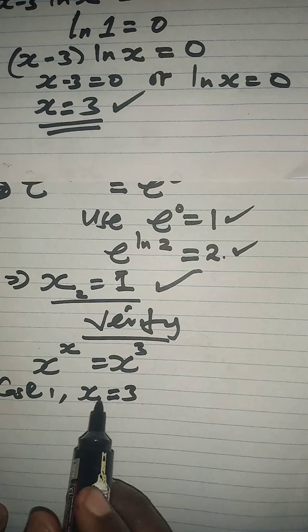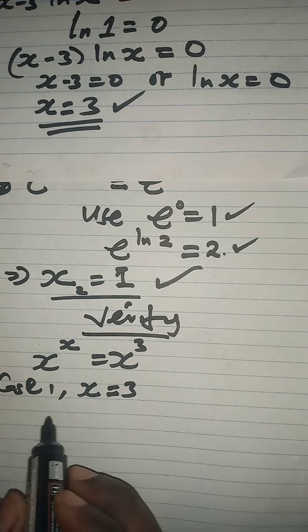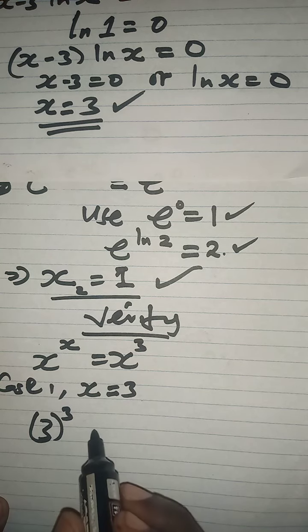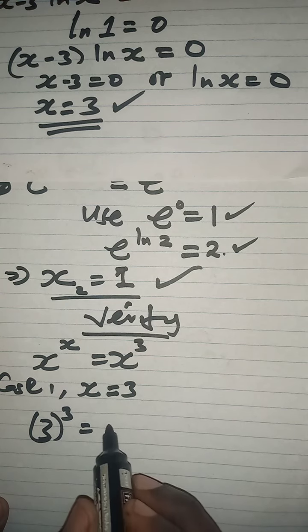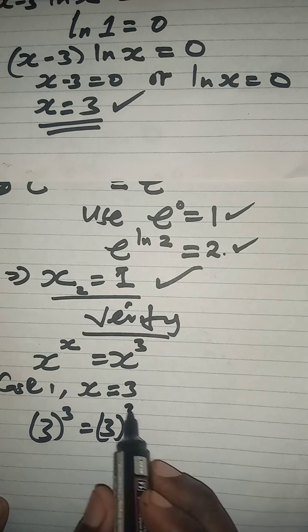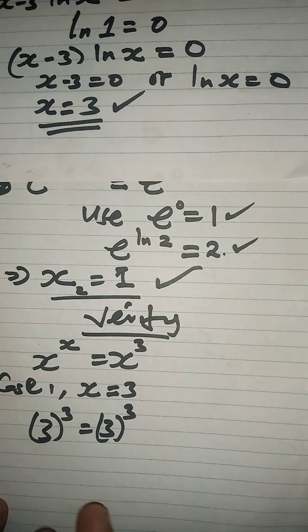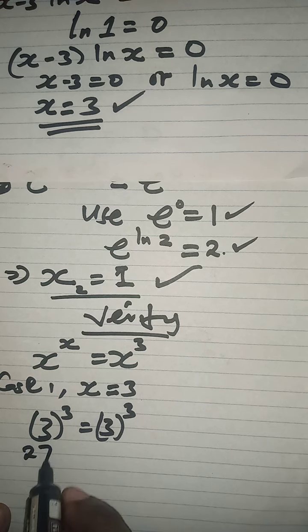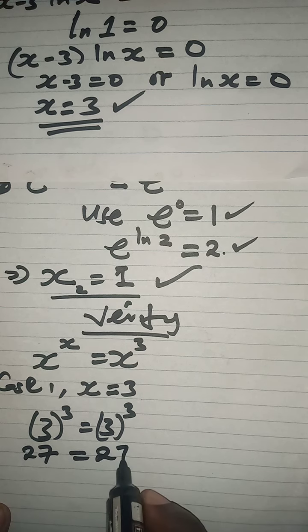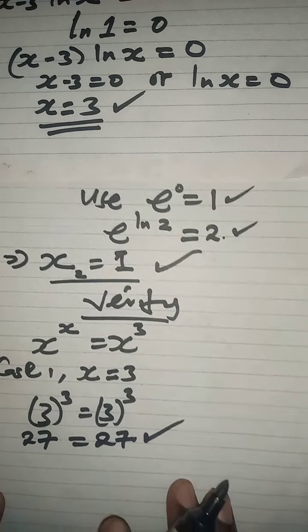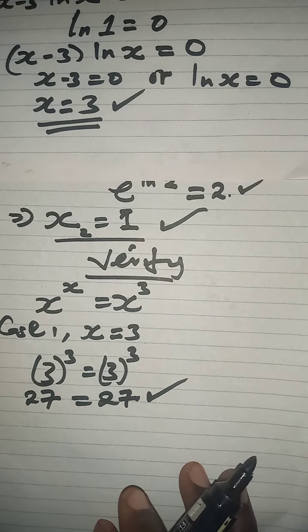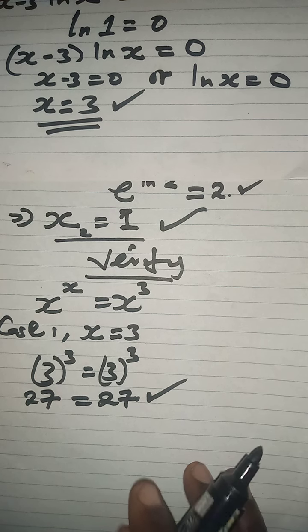Substituting where there is x, I get 3 raised to power 3 on one side, and 3 raised to power 3 on the other, which is 27 equal to 27. That is the first proof of our case, x is equal to 3.